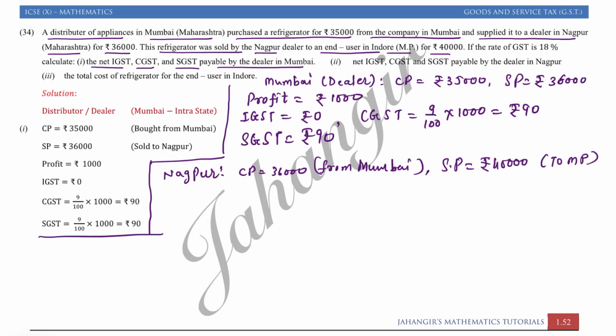Means here we have IGST. So whenever we have IGST, at the time of buying he had paid input tax as CGST and SGST, and in the end finally he has to pay as IGST.